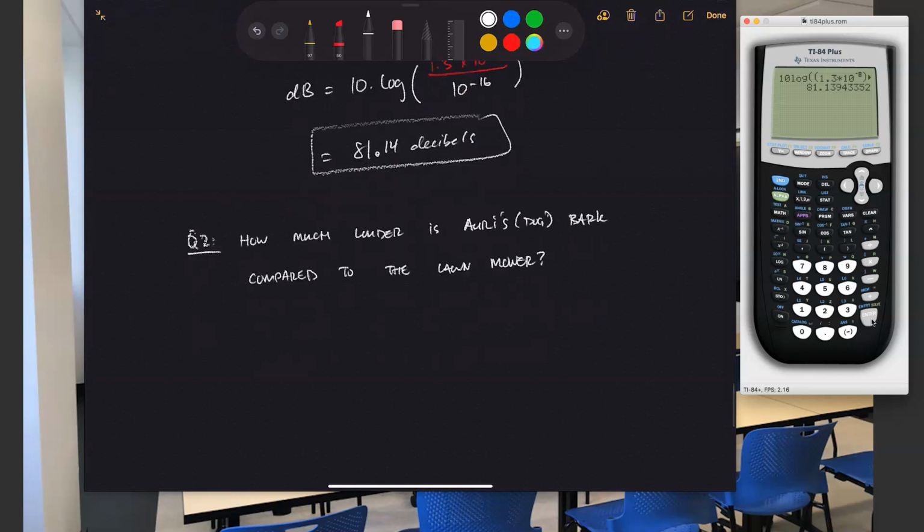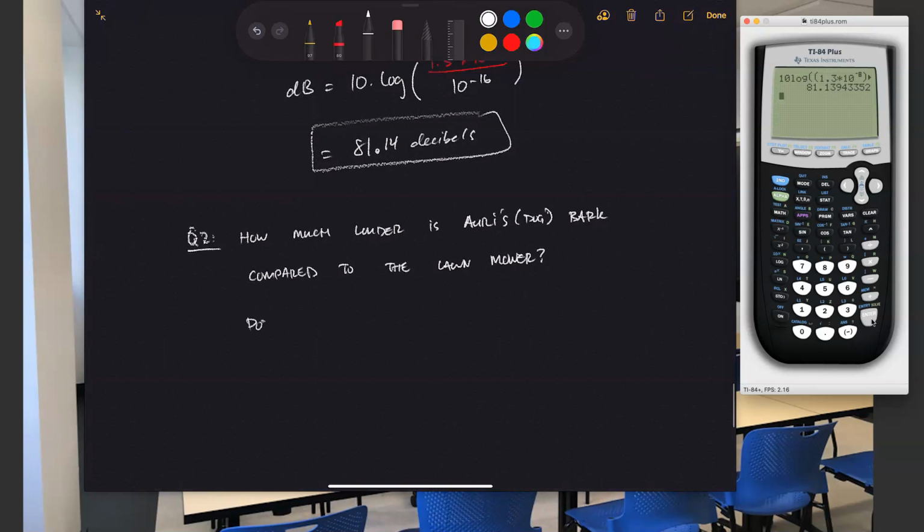We know that a dog's bark is around 90. I would say Ari's is probably like 190, but we'll keep it at 90 to be more reasonable. So a dog bark is around 90 decibels of sound intensity.